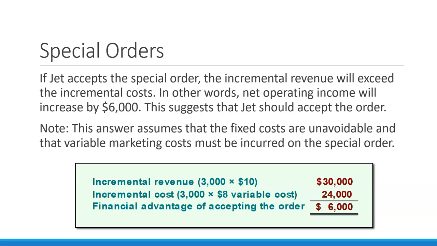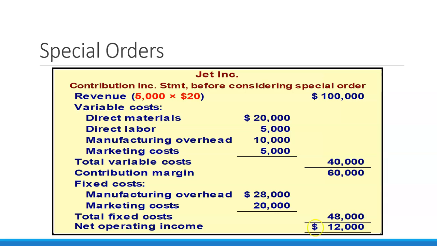This is, of course, assuming that the fixed costs are unavoidable and that variable marketing costs must be incurred in the special order. If the variable marketing costs weren't also incurred, we would actually have a better financial advantage of accepting the order. If we look back at the original income statement, we can see that our total variable costs are $40,000 for 5,000 units.